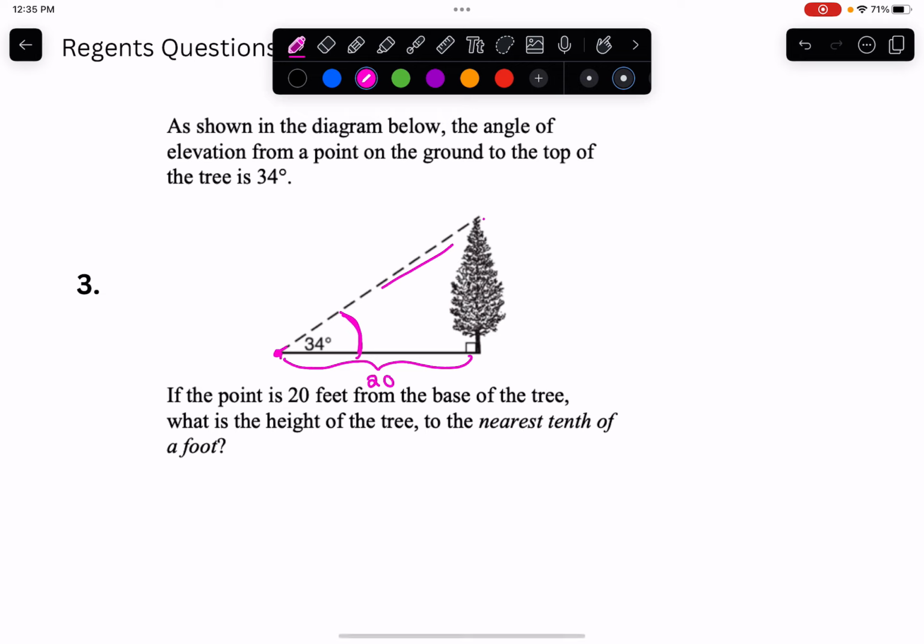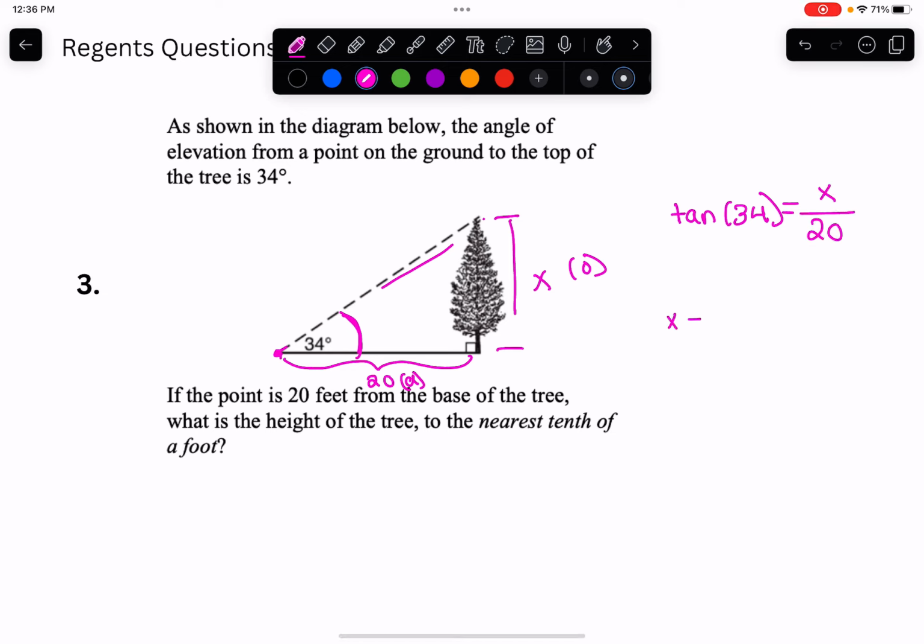So the distance here is 20. We want to know the height of the tree. So the tree height is here. So in terms of our angle 34, we're marking the opposite and the adjacent, which is tan. So tangent of 34 is equal to x over 20.